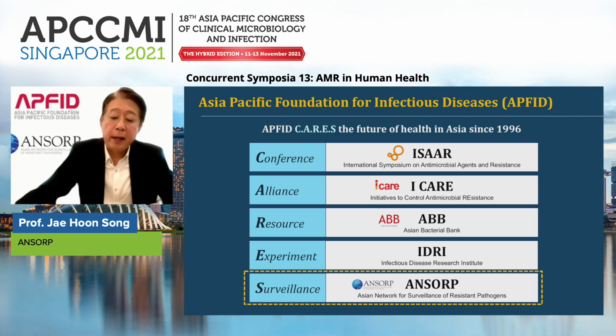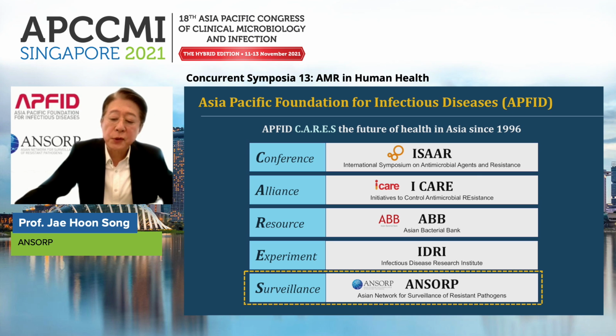ANSORP surveillance program is one of the international programs by the Asia Pacific Foundation for Infectious Diseases, or APFID. I have founded APFID to coordinate and support the international activities to control and prevent AMR and infectious diseases in the Asia Pacific region. There are 5 major international programs by APFID.